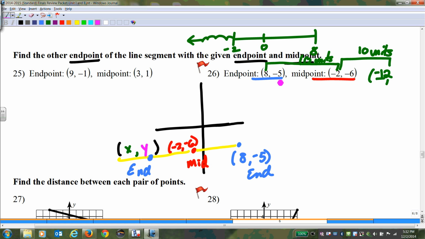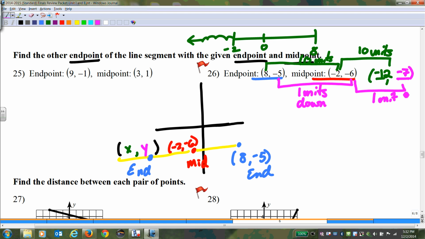Now for y, put a bracket here and ask yourself how many units between -5 and -6, and there's only 1 unit. Notice I'm going down the number line. So I need to go 1 unit down farther from -6.